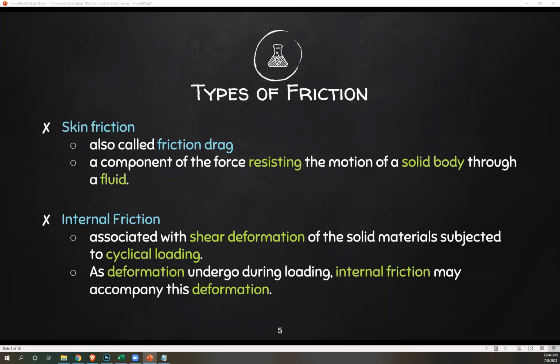Okay, and as deformation occurs during loading, internal friction may accompany that deformation. Remember, shear is when two objects slide past each other. And friction happens whenever you have two objects in contact that are moving or tend to move. Hence, friction is also involved when we have shear deformation. Okay?